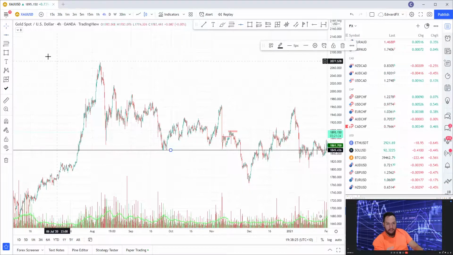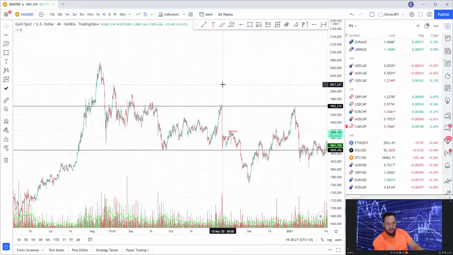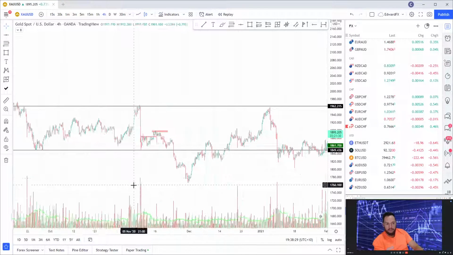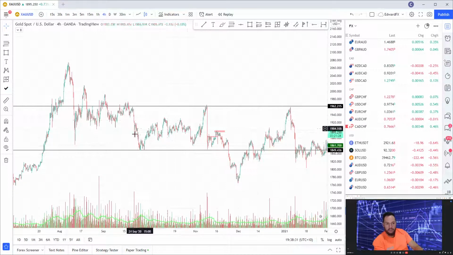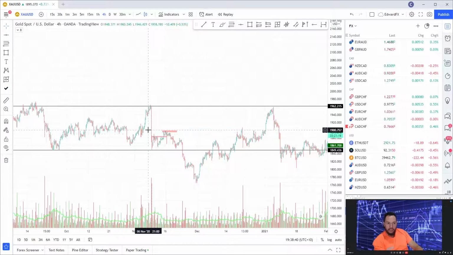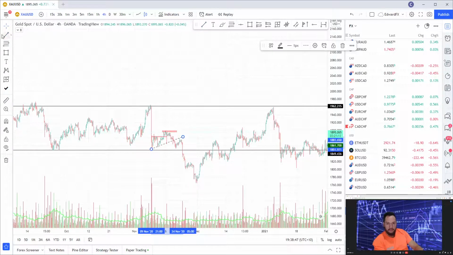So yeah, and here, and there's our range, right? So regardless of whatever's happening here, it's just ranging until we break here or here. Then we have continuation in either direction. So we do form this lower structure here, which is pretty much a bear flag, right?